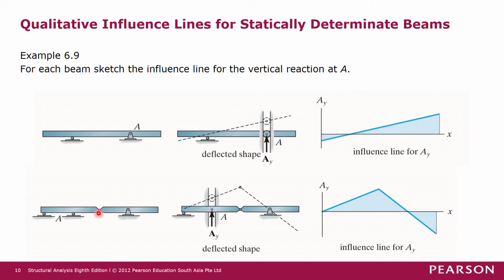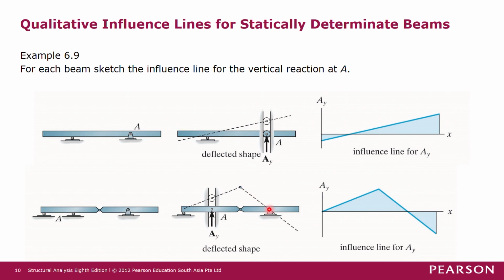And then for this example here, support A is here. So now we replace support A with a roller guide and then apply AY in the positive direction. You can see that this is a hinge here. So if you apply a force here, then this bar will deflect in the dotted line like this, where the hinge can rotate, and this roller here also can rotate, but it cannot be displaced.